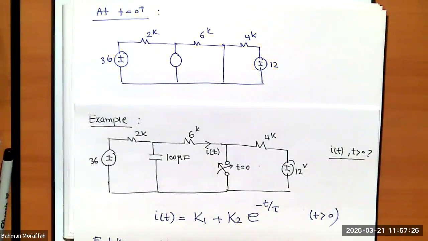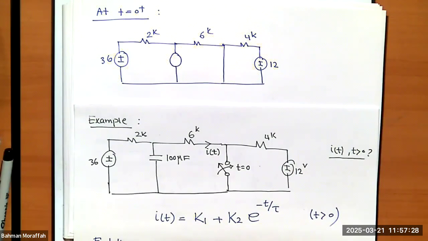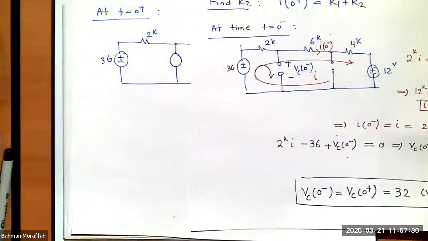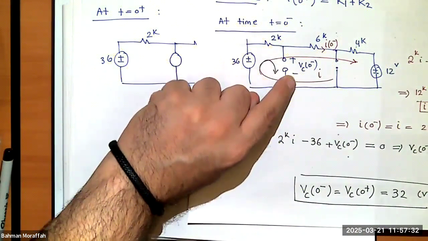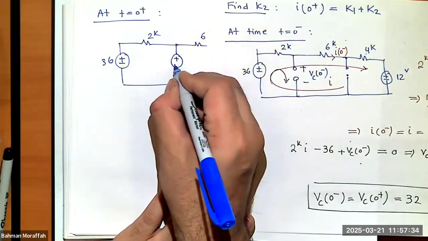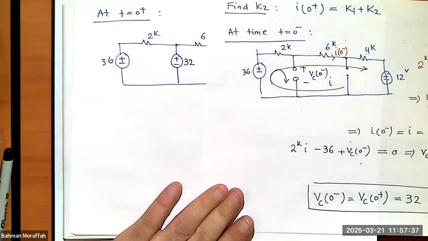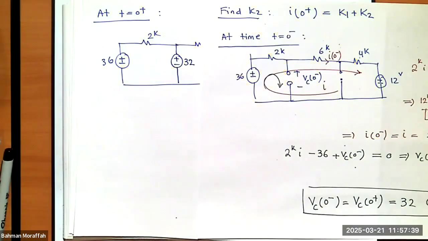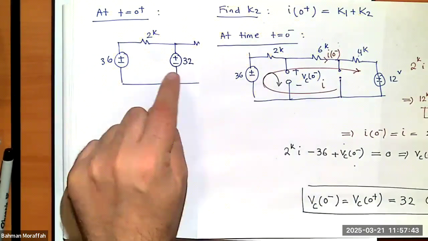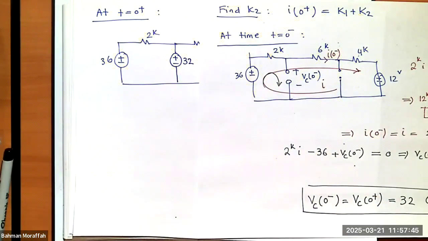What is the polarity for my capacitor? Remember, I assume this is positive, this is negative. So this should be positive, this should be negative, and the value is 32. So that basically coincides with this one.